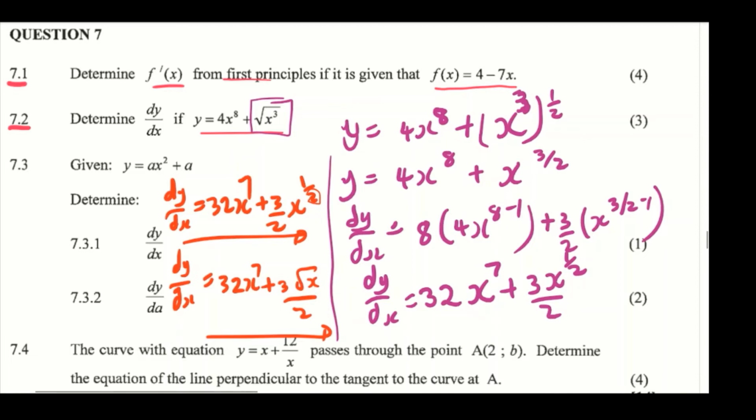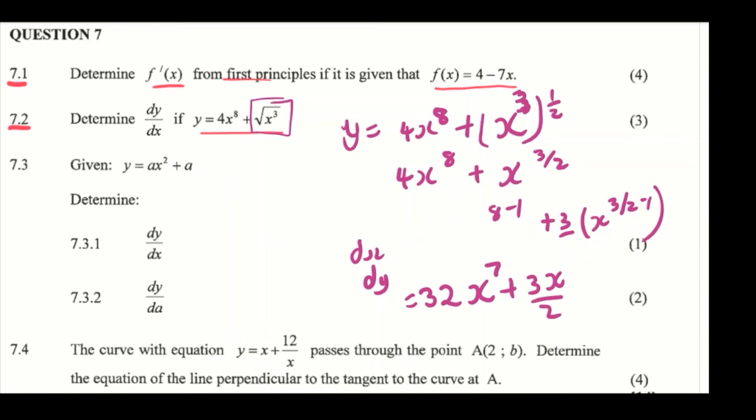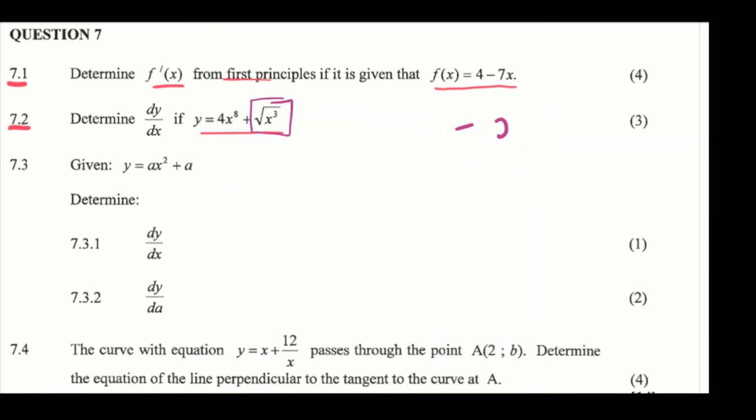Let's do 7.3. So 7.3, we are given y equals ax squared plus a, and we're asked to find the derivative with respect to x, dy with respect to x. So you're deriving y with respect to x.